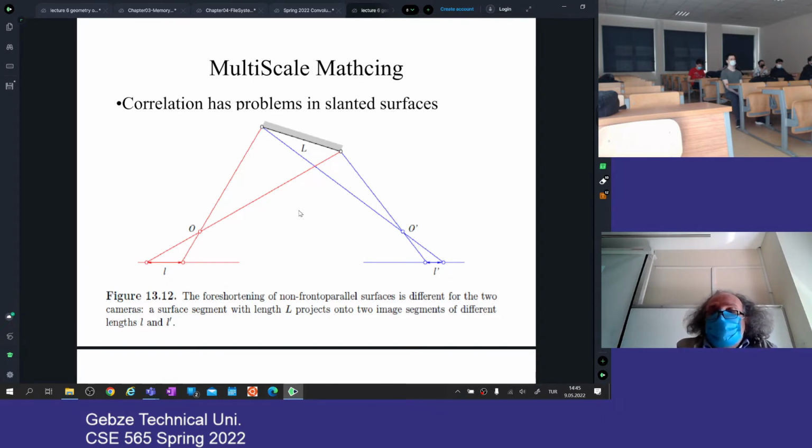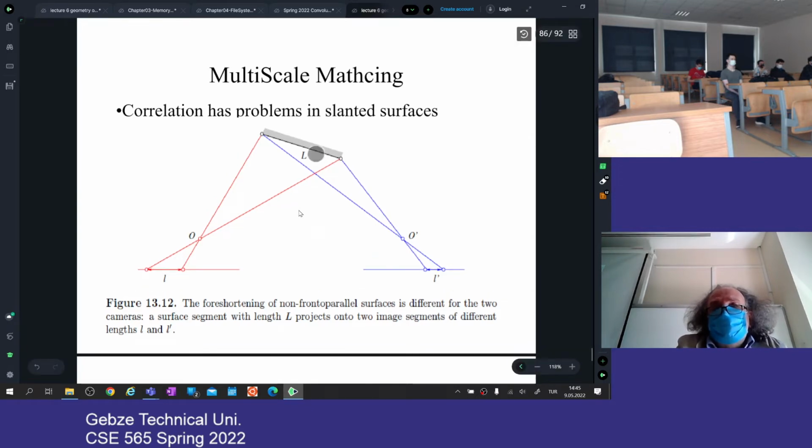I mean, if the images that I have are not textured, if they contain lots of flat areas, then I can't do anything more than feature detection. And the other thing is this, okay? If I have a slanted surface like this, the image of this surface on this camera is very different from this camera, right?